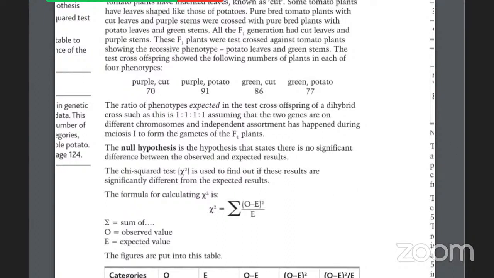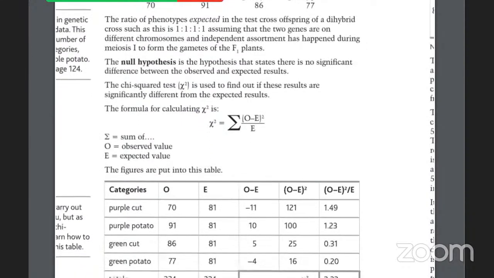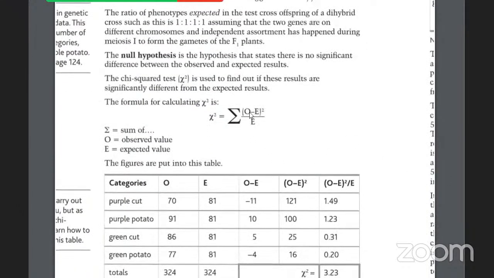Based on the data provided, you are going to work out the observed minus expected. Here you have the category. The observed was 70. The expected was 81. If it's a 1-to-1-to-1-to-1 ratio, then they all have to be the same. The total amount of plants is 324.